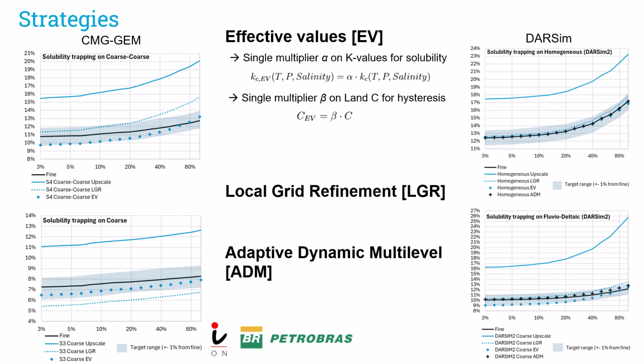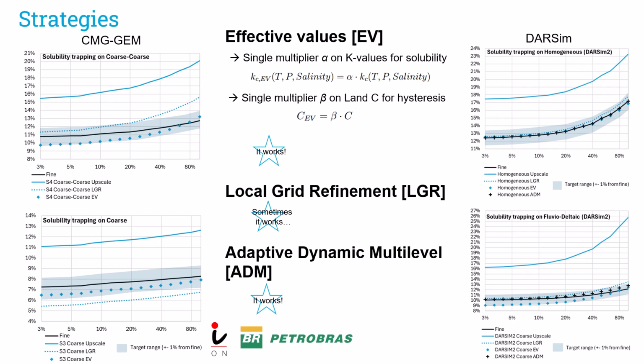We cannot do so in CMG-GEM because it requires a different implementation of the solver. So we can only try this method in DARSim. So you can see here the different results and an acceptable range that is 1% above and below the fine grid results.